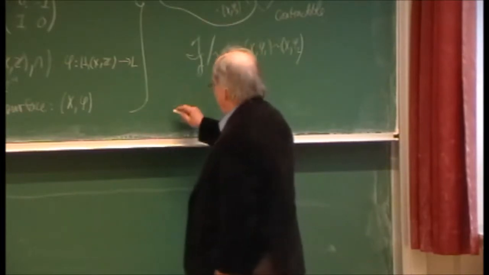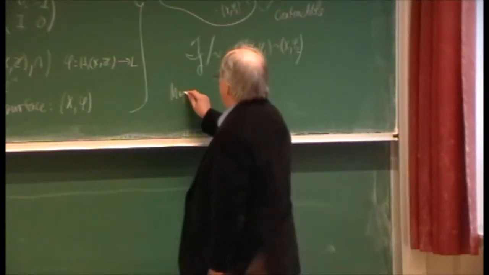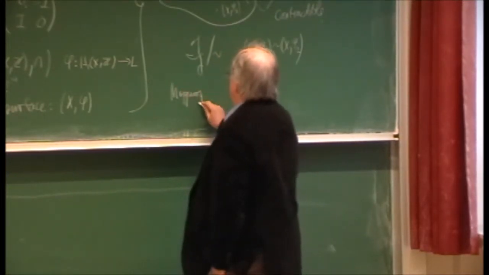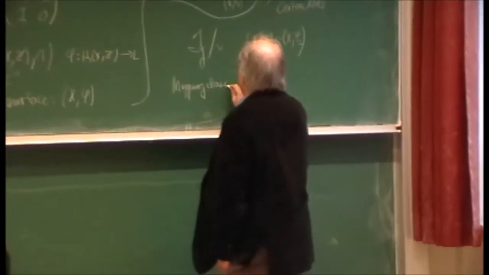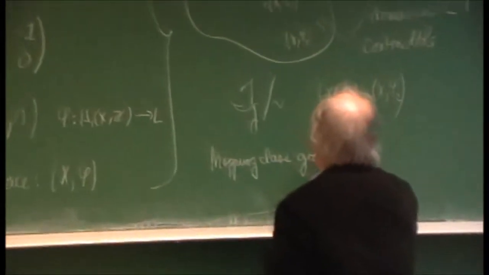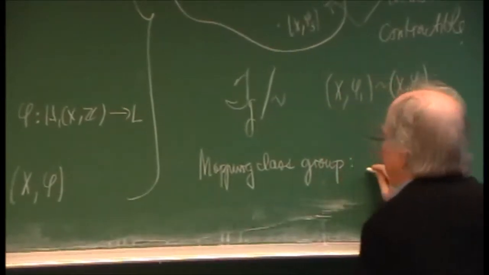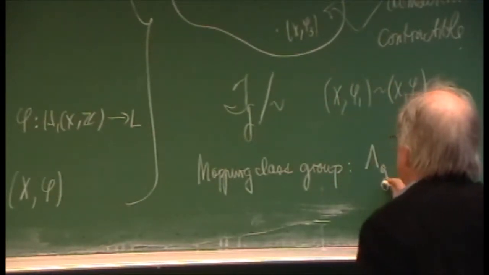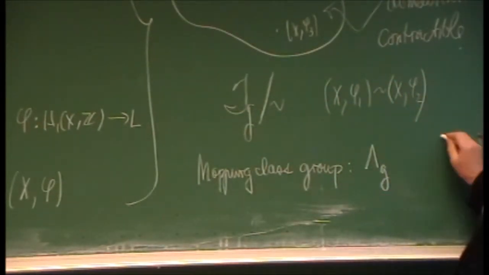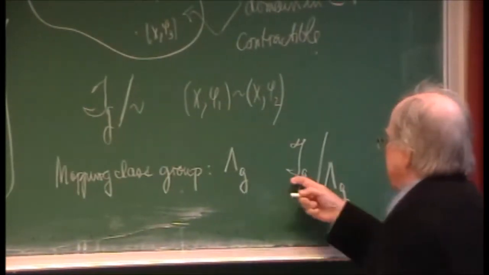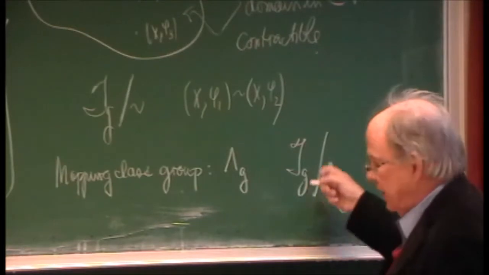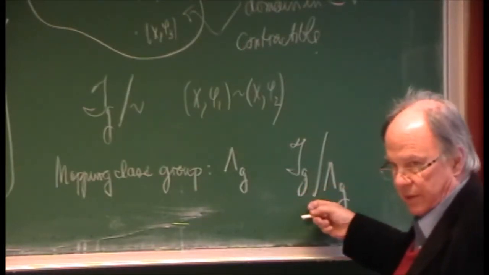So there's the mapping class group here, and that gives this quotient. And then the true space that parameterizes Riemann surfaces is Teichmüller space modulo the mapping class group.